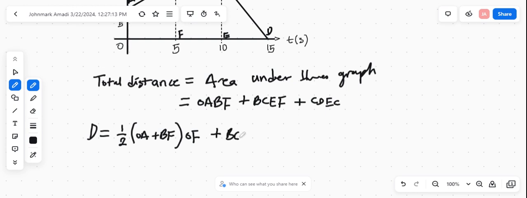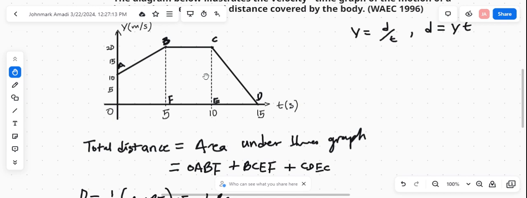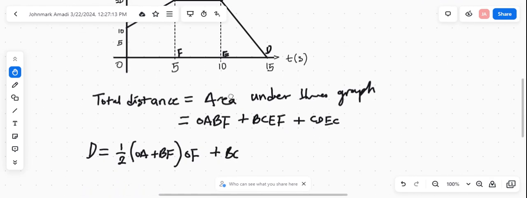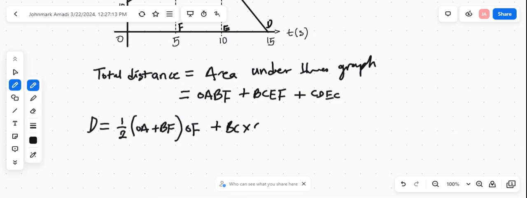BC times what? CE. That's how to get the area of a square or a rectangle. BC times CD, that's length times breadth, or breadth times length. BC times CE.